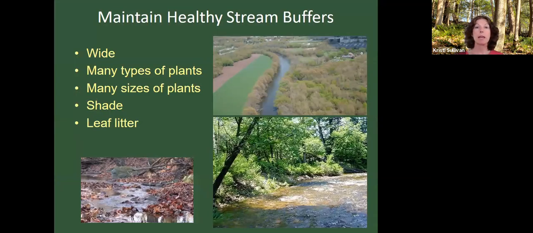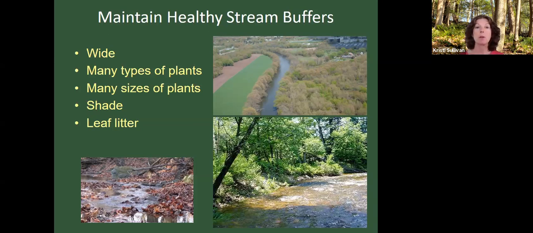Okay, another habitat feature that you can focus on is maintaining healthy stream buffers. So we talked about this a little bit earlier, but a buffer, a riparian buffer they're called, along a stream or a wetland is really very important in terms of habitat, because a lot of species will use those areas.